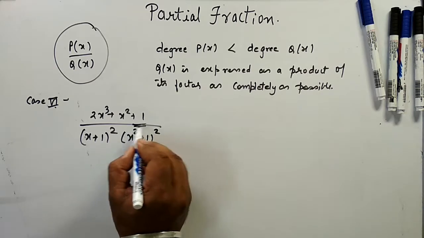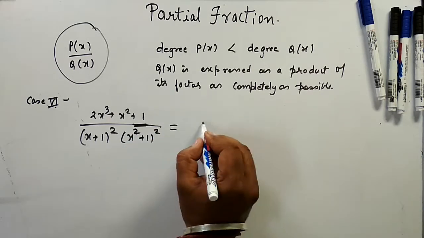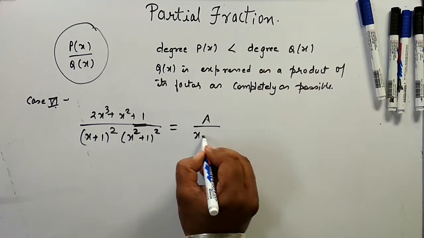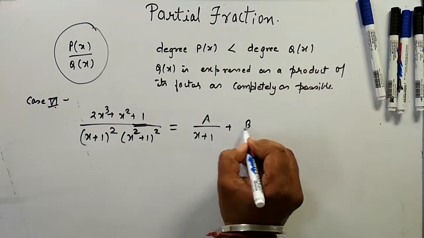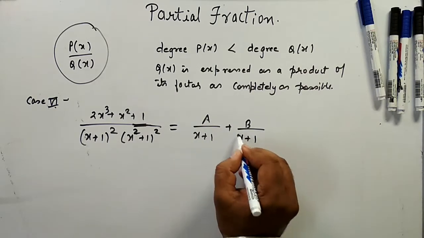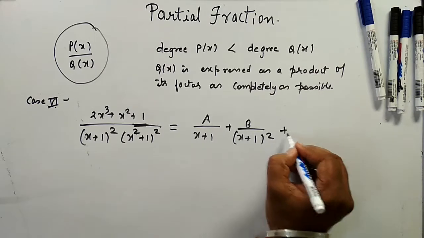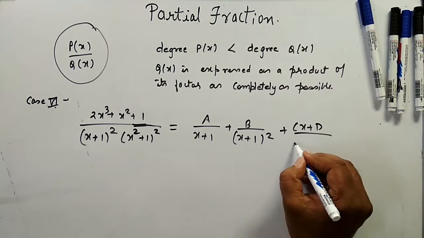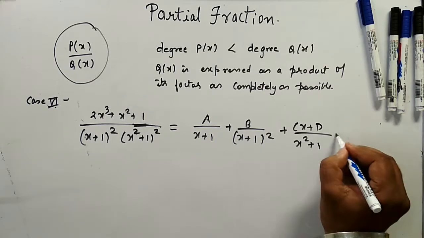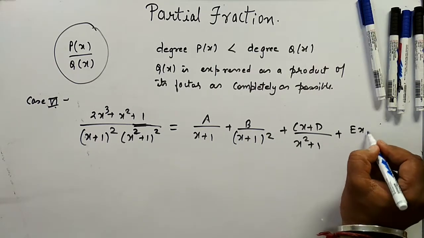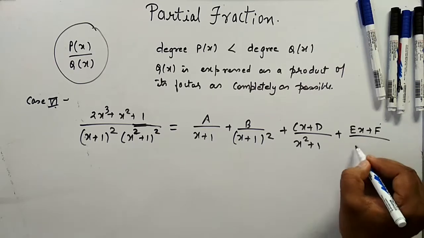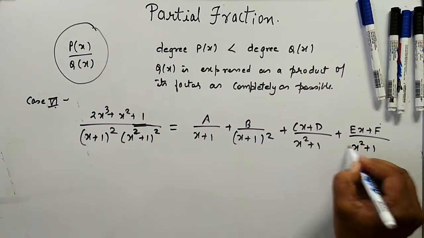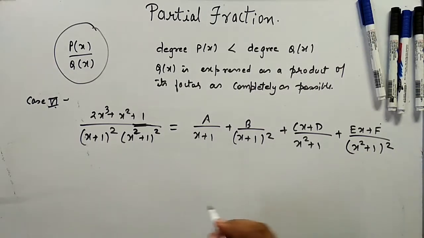Okay, so the partial fraction form of this would be equal to a by x plus 1 plus b by x plus 1 whole square plus cx plus d by x square plus 1 plus ex plus f by x square plus 1 whole square.